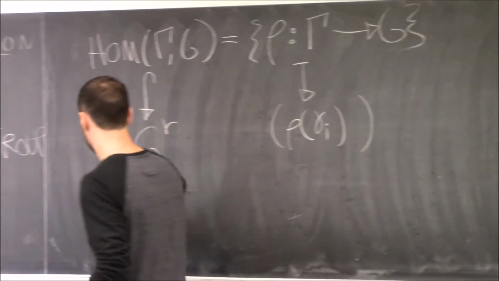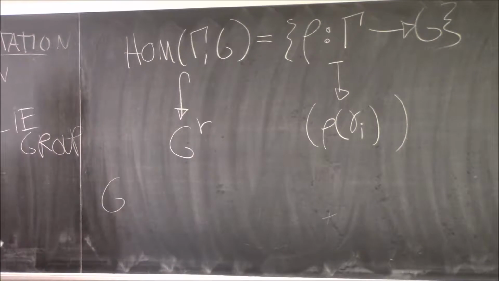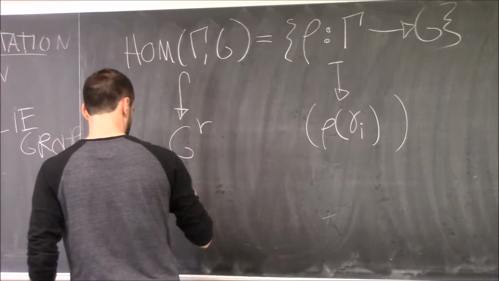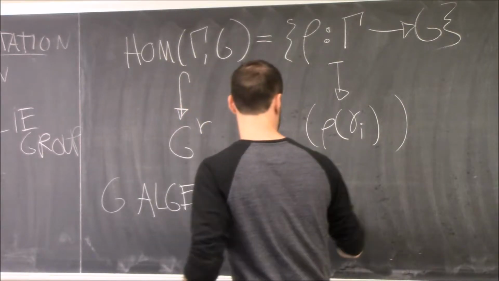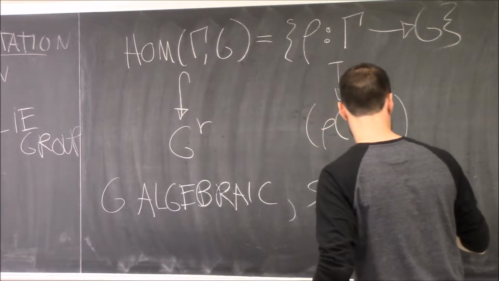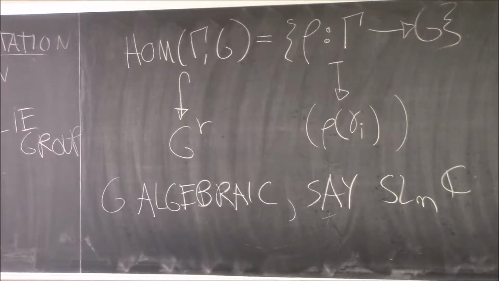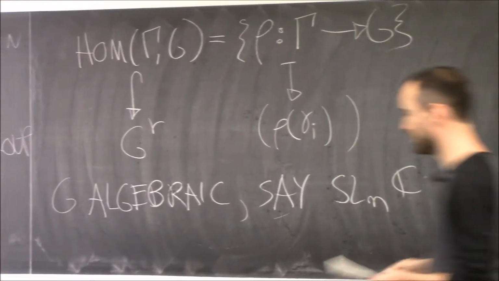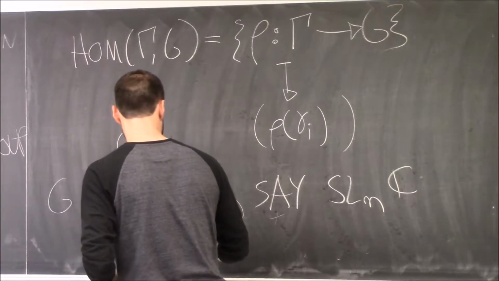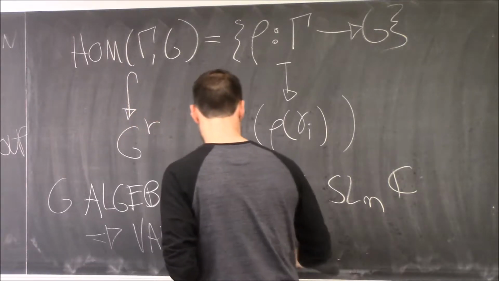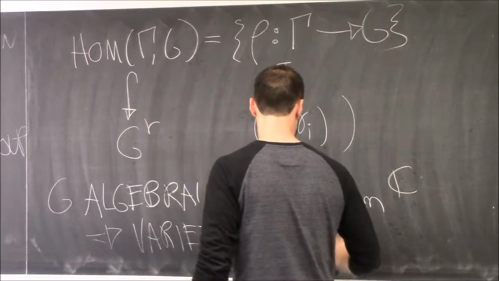The thing that makes it a little bit nicer sometimes is that if G is algebraic, so for most purposes you can just think something like SL_n(C), what we end up getting through this construction is a genuine variety, which is carved out by the polynomial relations of gamma.